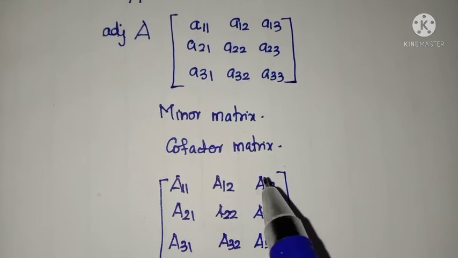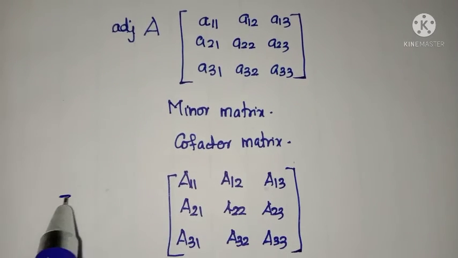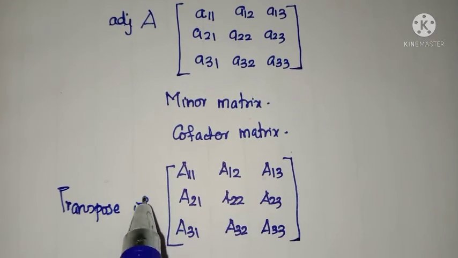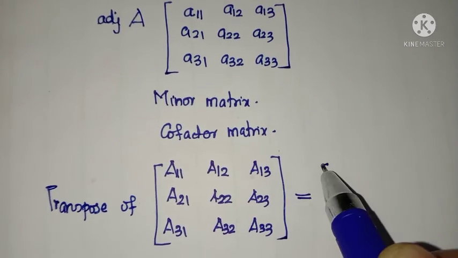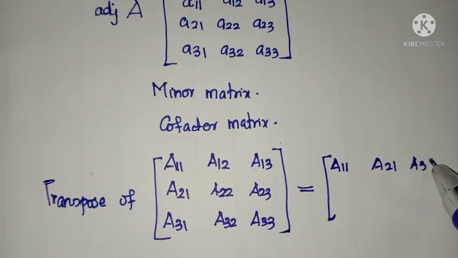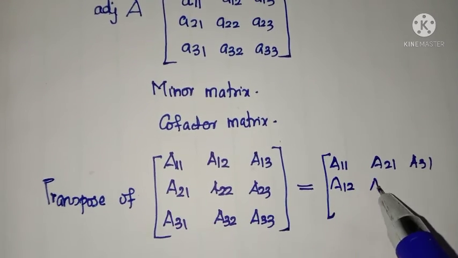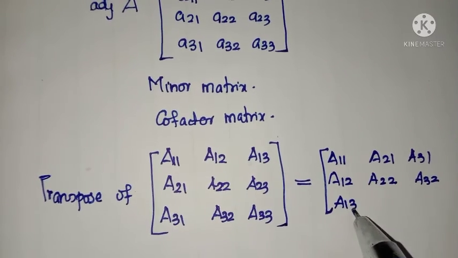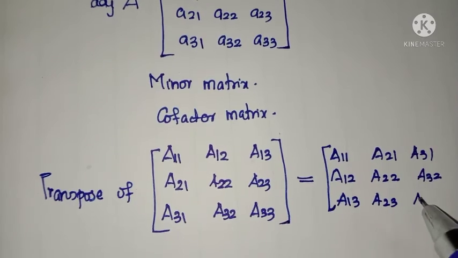And take its transpose. What is the transpose? A11, A21, A31, A12, A22, A32, A13, A23, A33.